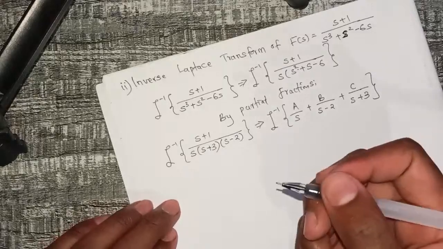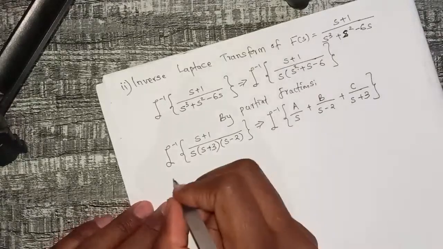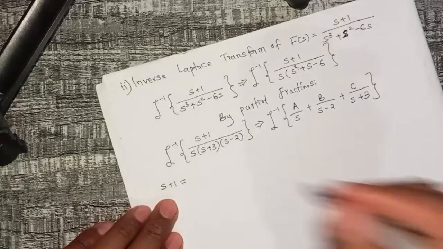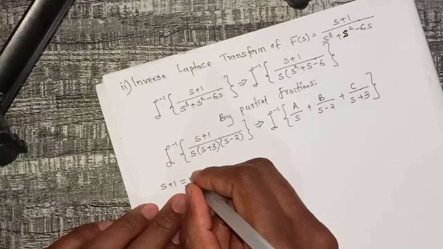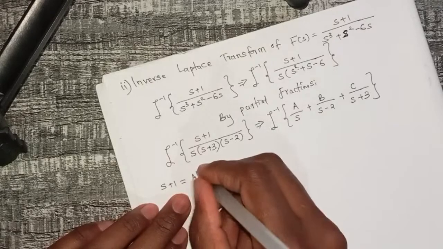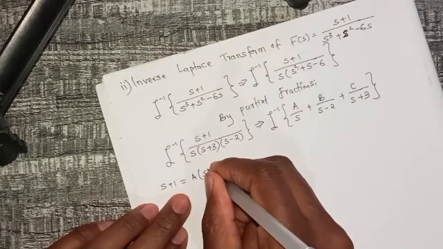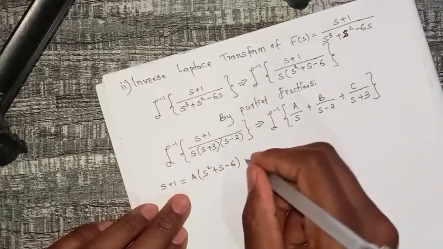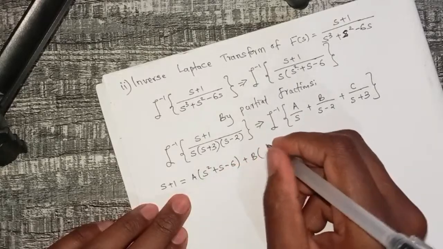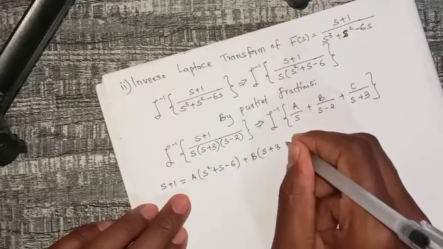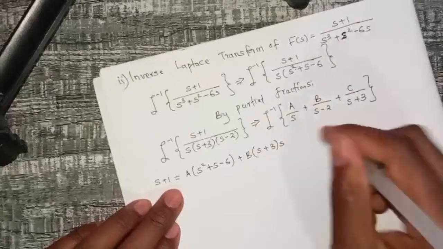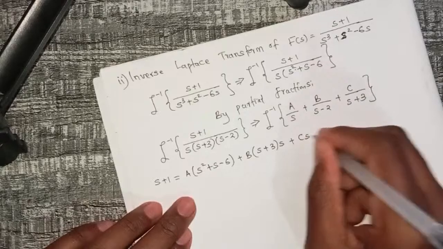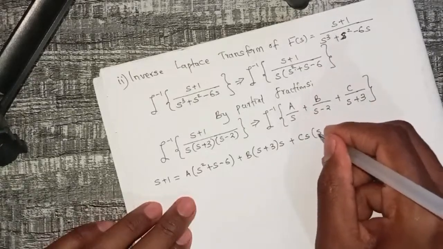And we can simply say the numerator part here, that is s plus 1, is equivalent to a into s squared plus s minus 6 plus b into s plus 3 multiplied by s plus c of s into s minus 2.